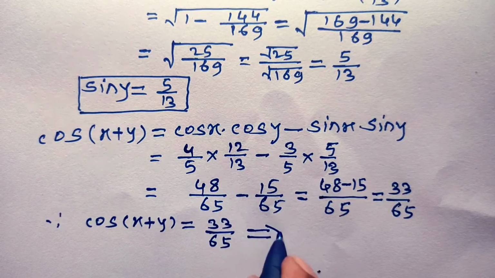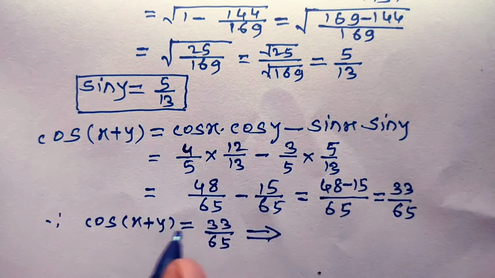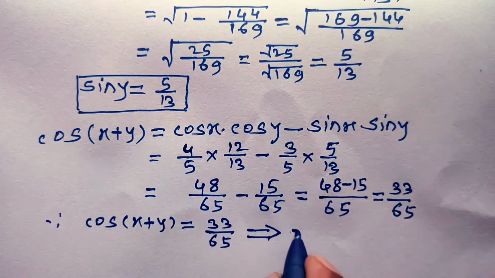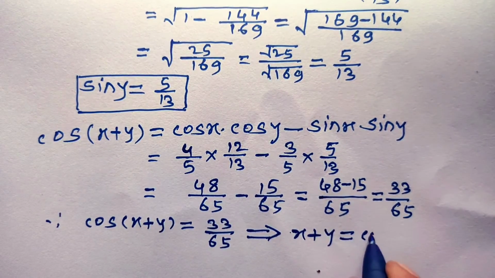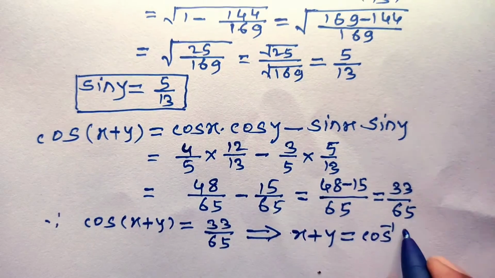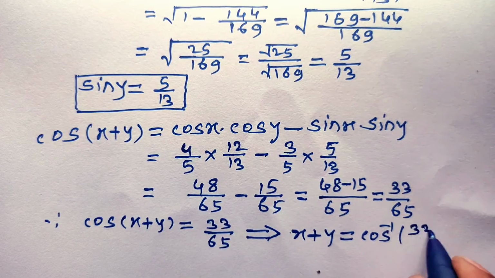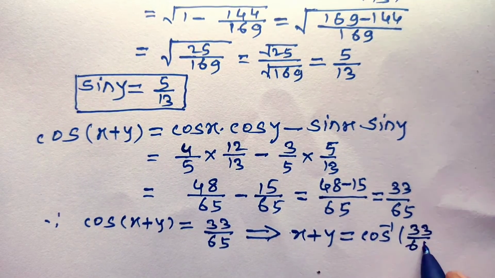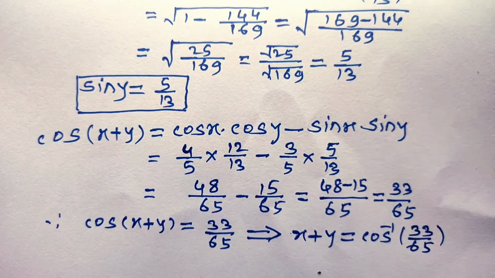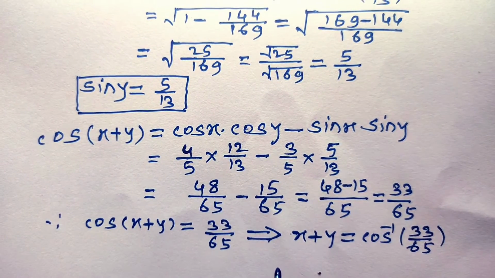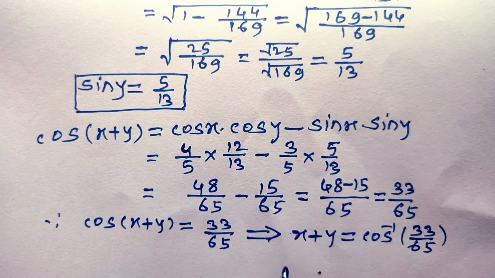This implies, taking this cos on the right hand side, x plus y is equal to cos inverse 33/65. But here x is nothing but, we have assumed x is equal to cos inverse of 4/5.